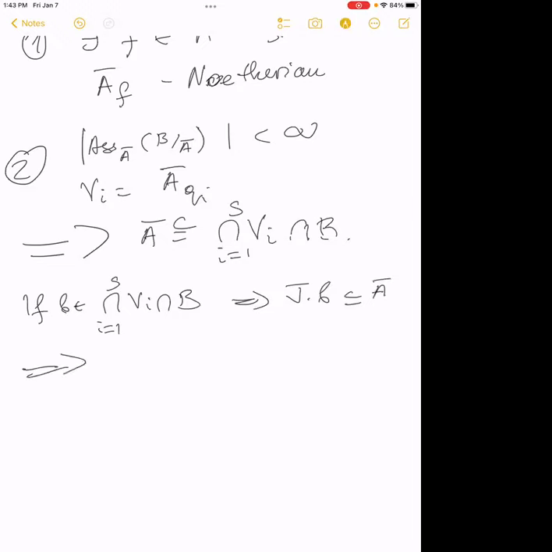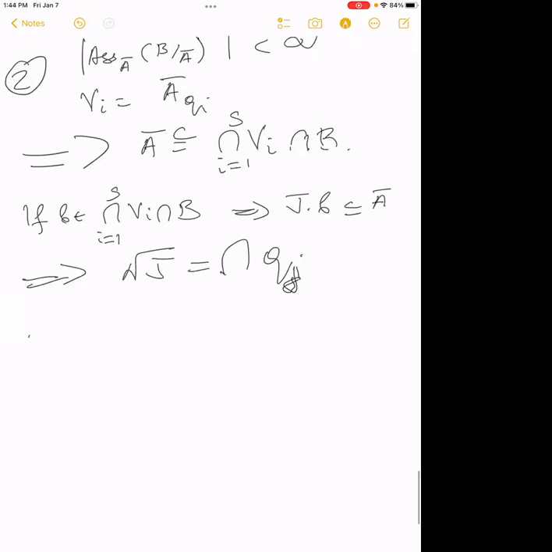Then it's not difficult to see that the radical of this ideal corresponds to some subset of intersection of associated primes. So this will be Q_j, where Q_j is an associated prime here. Okay. And from here one gets the opposite inclusion.